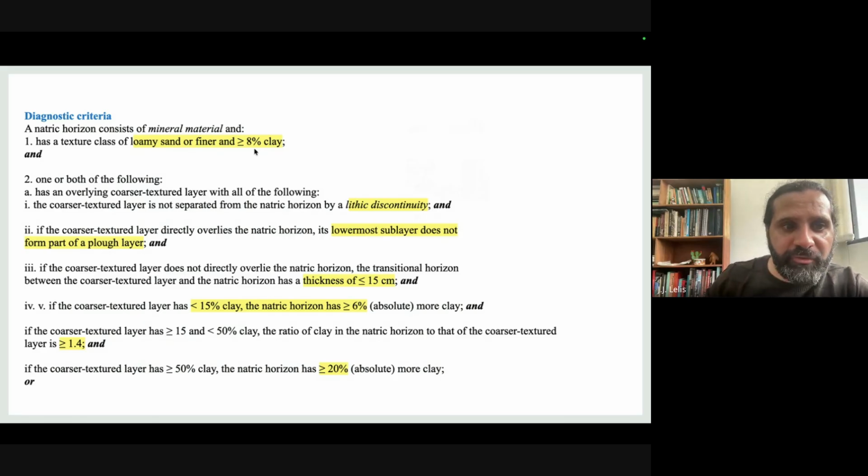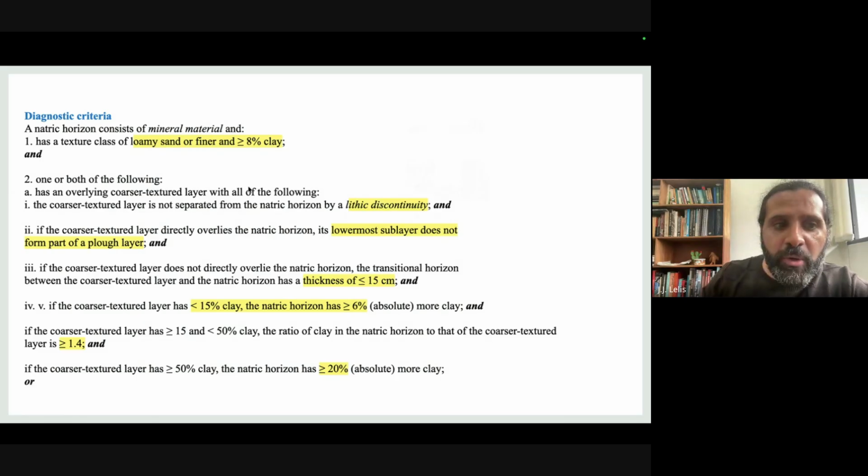And we need to fit also number two, at least one of it. Okay, one or both of the following. Letter A: has an overlying coarser texture layer with all of the following. First, the coarser texture layer is not separated from the nitric horizon by a lithic discontinuity.